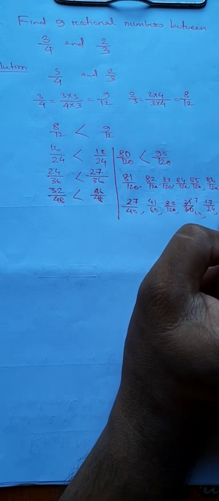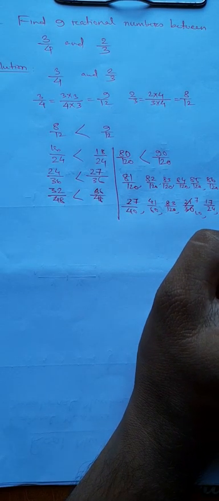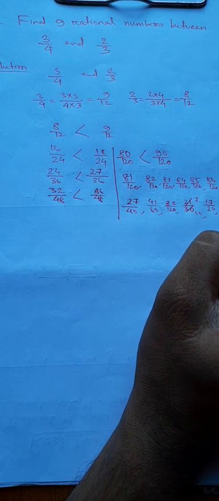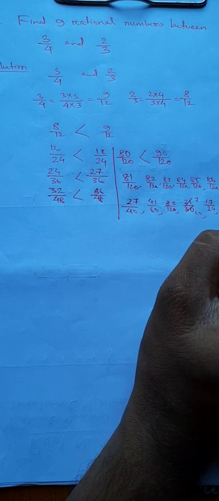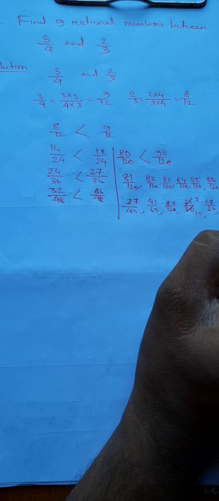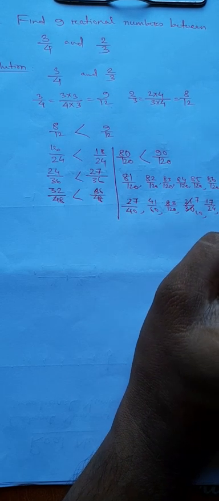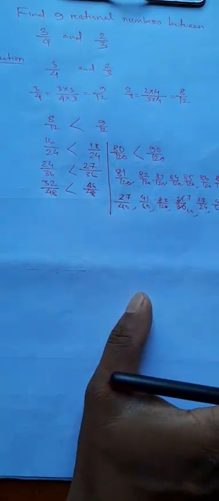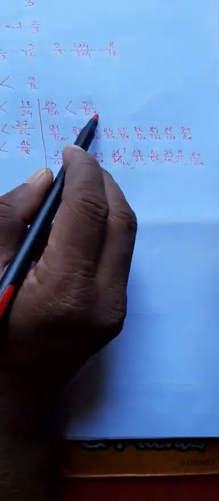This is divisible by 2, 43 by 60. This is divisible by 3, 29 by 40. Divisible by 4, 22, right? Divisible by 8, 11 by 15, 89 by 120. So you got 9 rational numbers in between this and this.